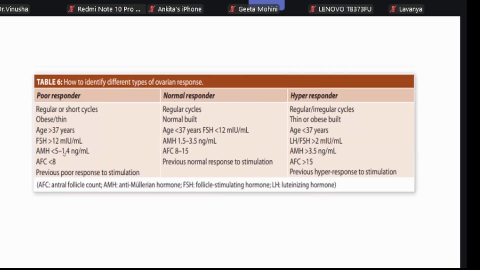If the AMH is less than 1.4 or AFC is less than 8 and day 2 FSH greater than 12, age greater than 37, they will be poor responders. And if the AMH is more than 3.5, AFC more than 15 and previous hyper response to stimulation, we can consider them hyper responders.